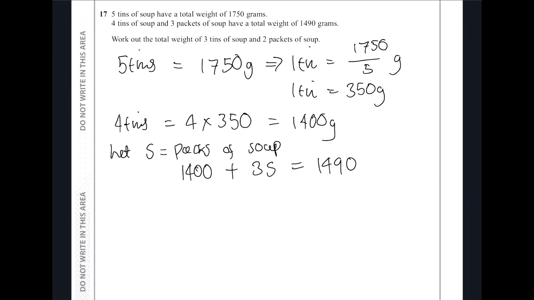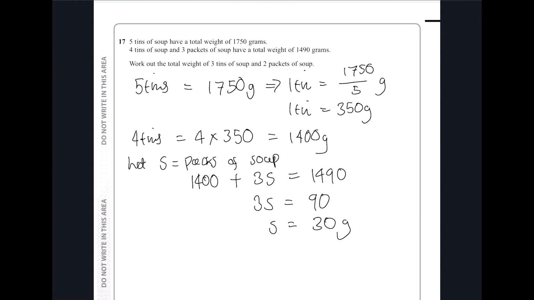Using this, we can rearrange the equation. So we get 3S is equal to 90, and then S would be equal to 30, and that's in grams. So now we know the weight of the pack of soup. So actually I should have said that a pack of soup's weight is 30 grams.